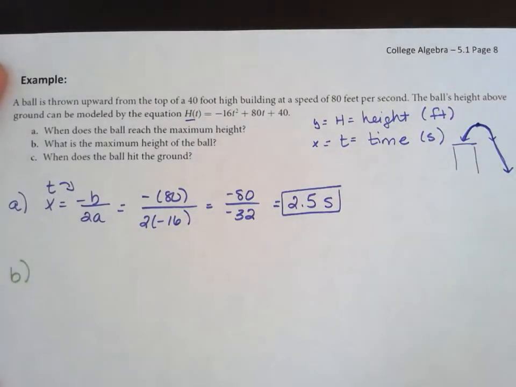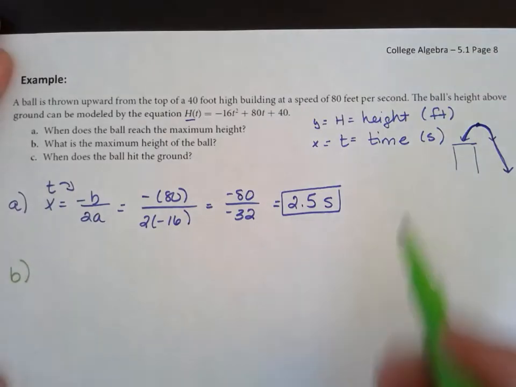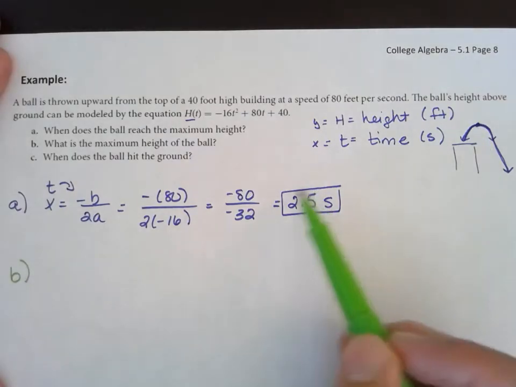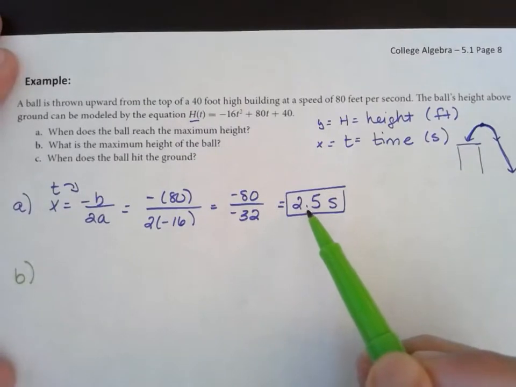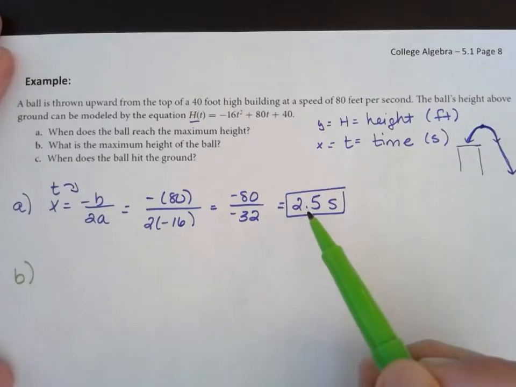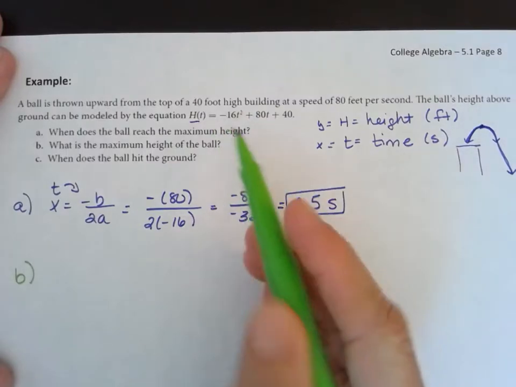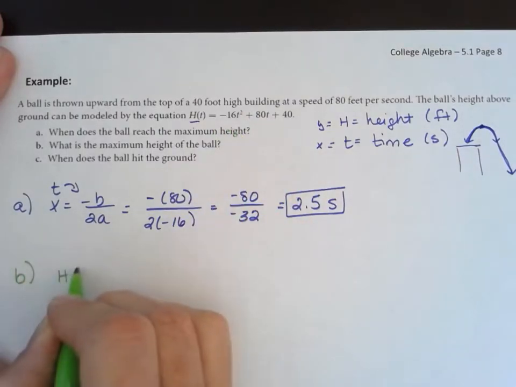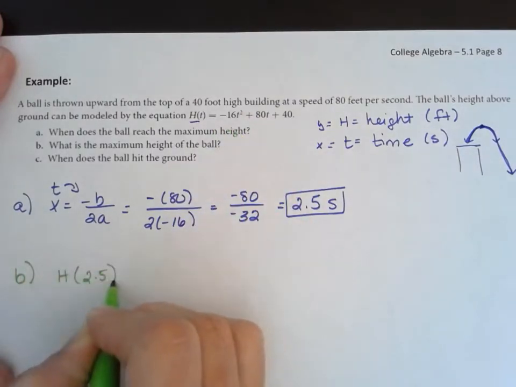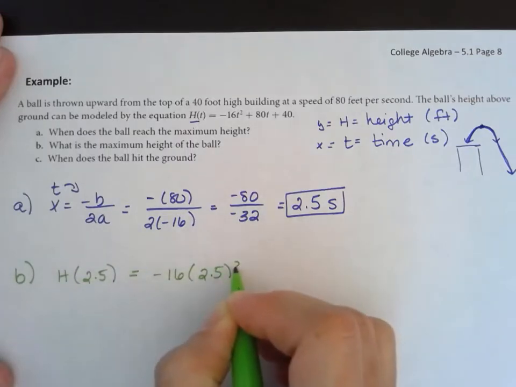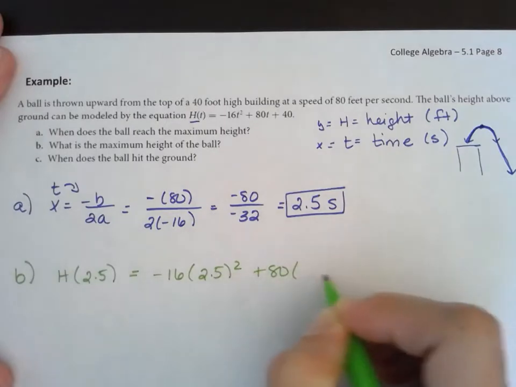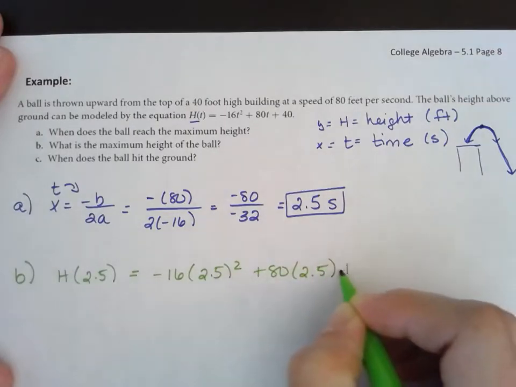Alright, look at B part. What is the maximum height of the ball? Well, if we want to find the maximum height, we take our maximum time, what I mean is the time it was when it reached maximum height, and plug it into our formula. So the height at 2.5 seconds is negative 16 times 2.5 squared plus 80 times 2.5 plus 40.